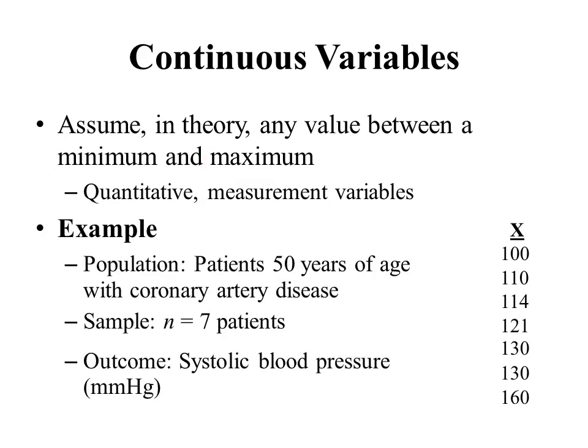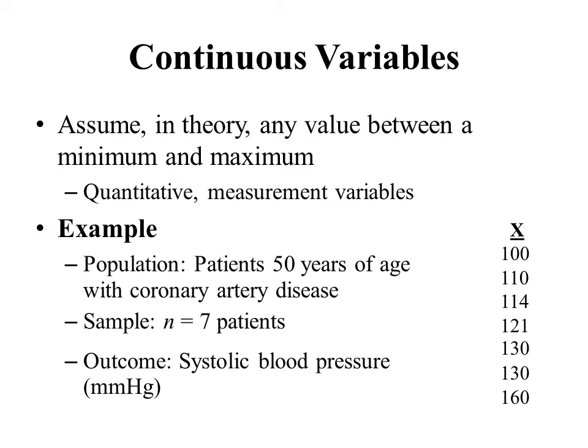Okay? So as an example, suppose we're looking at the population of patients 50 years of age or older with coronary artery disease. To analyze that population, we might go out and get a sample of 7 patients. For each patient, we measure their systolic blood pressure in millimeters of mercury.